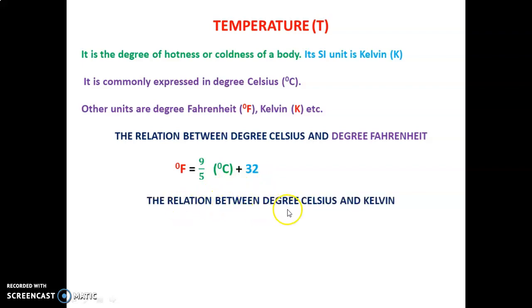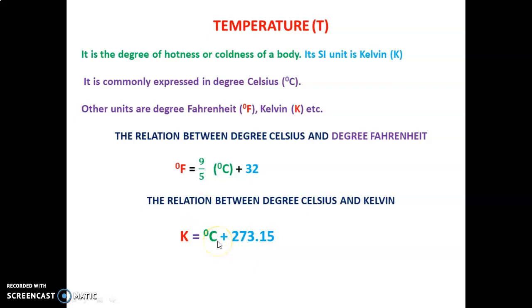Then the relation between degree Celsius and Kelvin: Kelvin equals degree Celsius plus 273.15. This is the relation between degree Celsius and Kelvin.